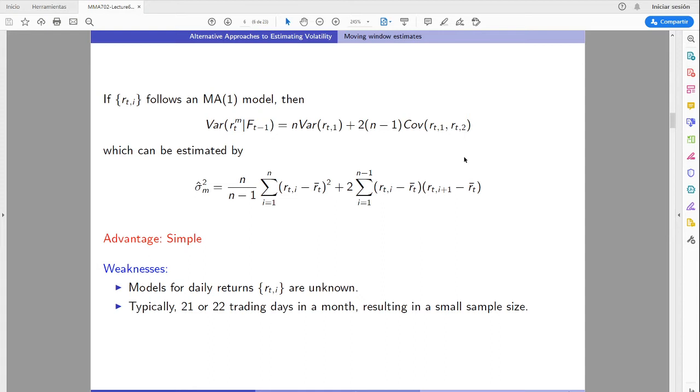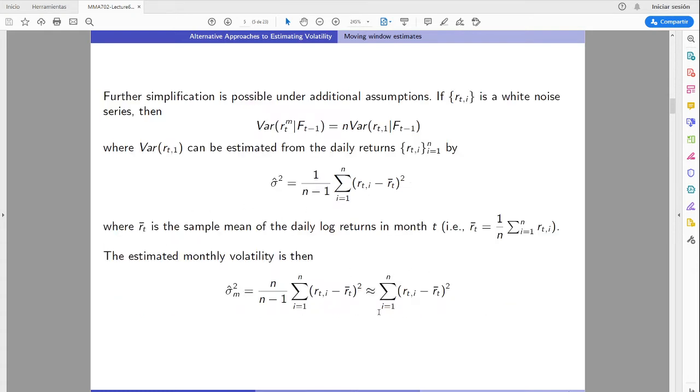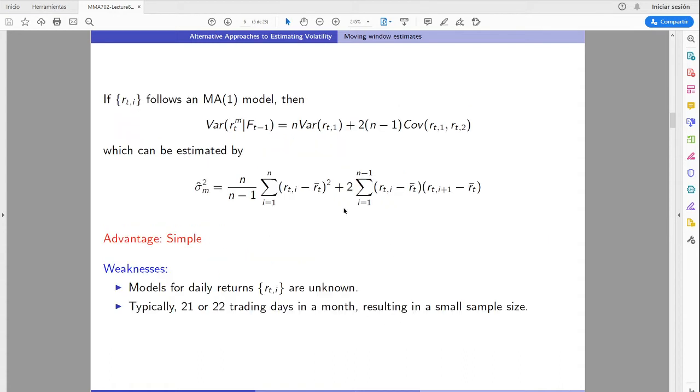What we're doing here is, instead of one coefficient, we have to already start considering covariances. If you remember, all this part corresponds to here, and the rest is basically (n minus 1) times a covariance, which is easy to both understand and compute. The advantage of this is that it's super simple.